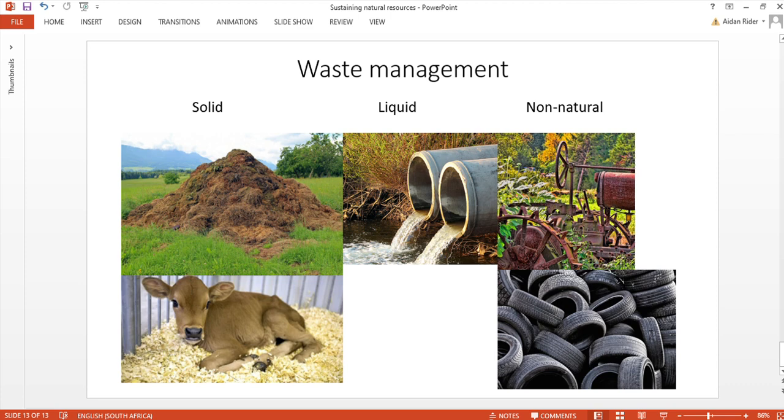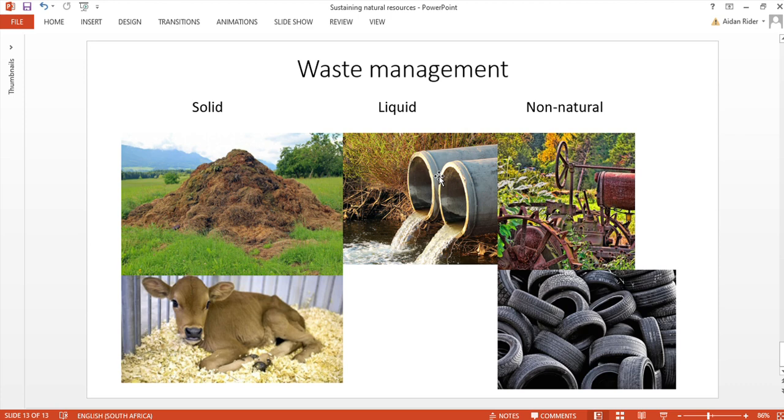There are 3 types of waste: your solid waste, like your manure, and also your bedding for animals. There's also waste because you have to throw it away, because there can also be dung and urine inside this bedding. Firstly, solid, yes, and then your liquid, called effluent. It can either be effluent water waste or from slurries.